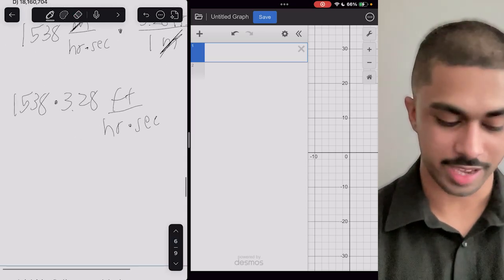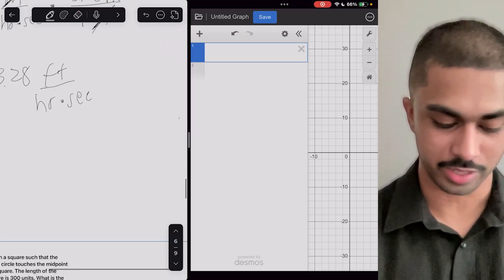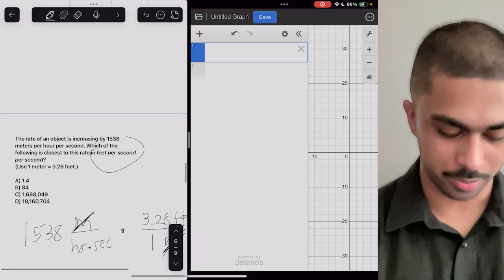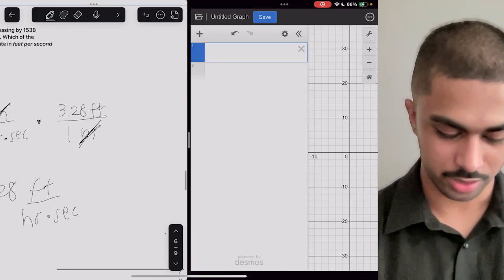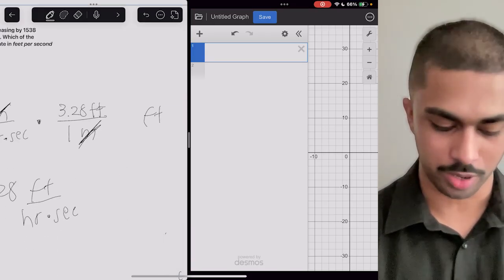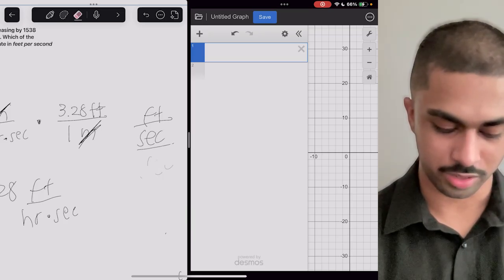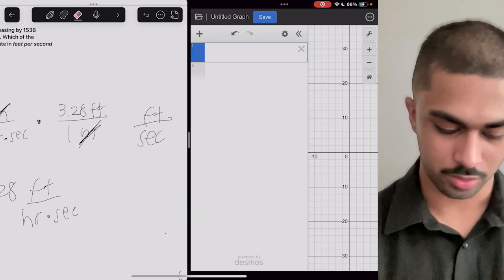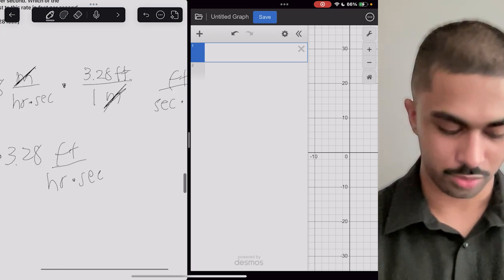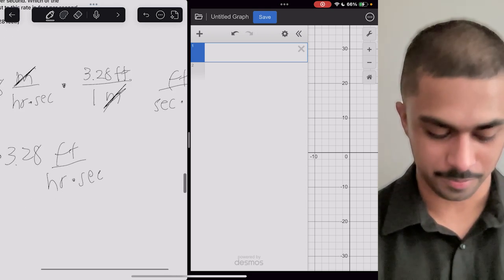From here, the next step is to convert these hours into seconds, because we want feet per second per second. So again, let's write down that we want feet per second, which is just feet per second squared, or you could think of it as feet per second times second. So we just need to convert this hour into seconds.